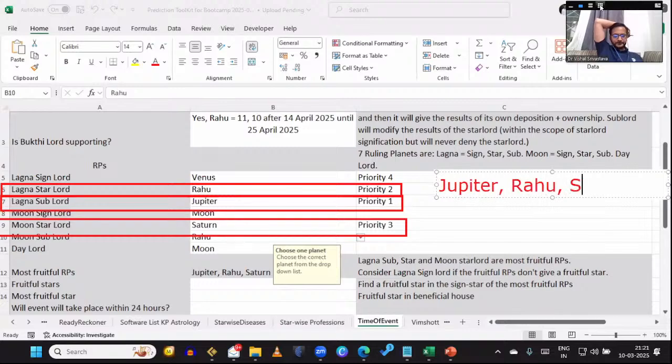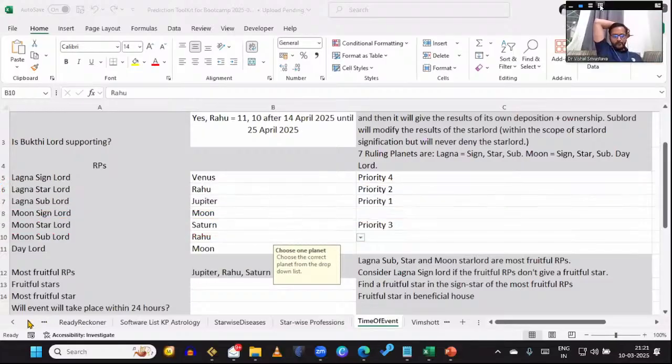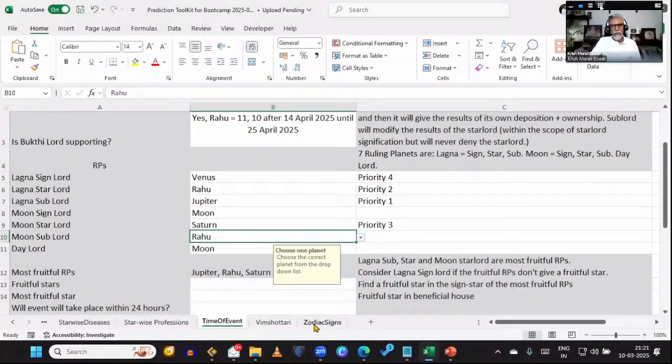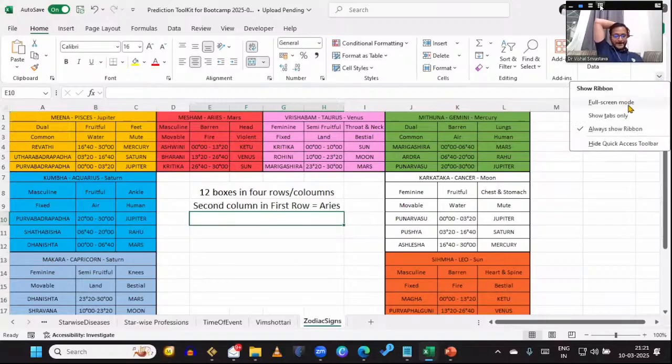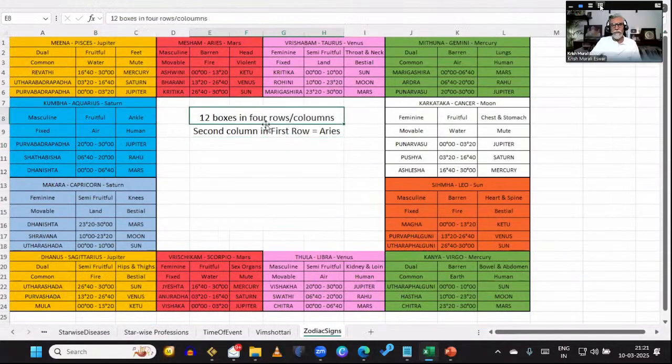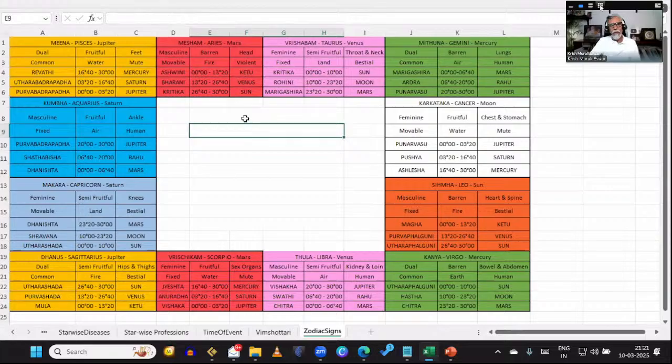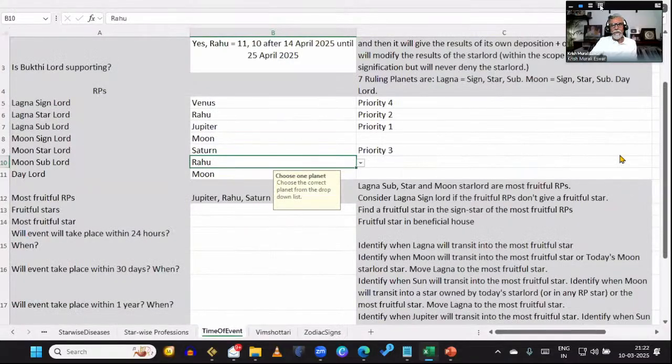Now you go to the zodiac sign sheet, get rid of all of this and put the three fruitful RPs.